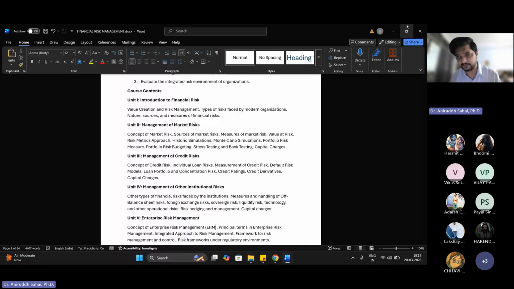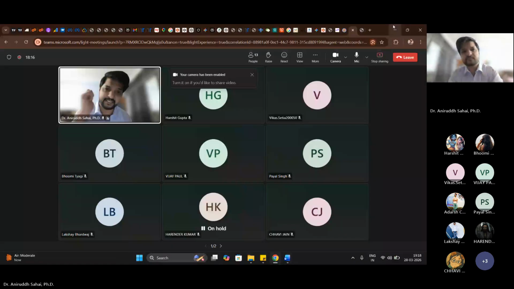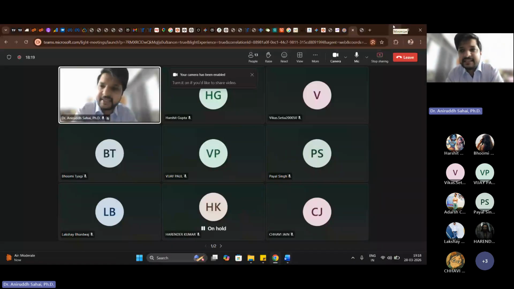For market risk, what mainly you can do is you can be better prepared. You can plan the risk properly. You can try and estimate the probability of risk, whether it is a risk of a recession or a risk of an interest rate hike. You can plan accordingly, assigning probabilities to different kinds of scenarios.